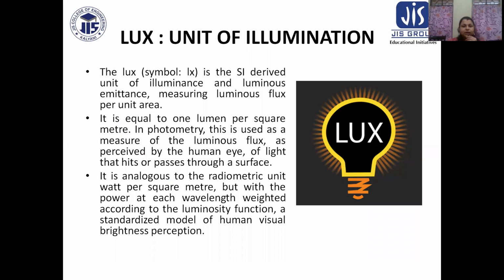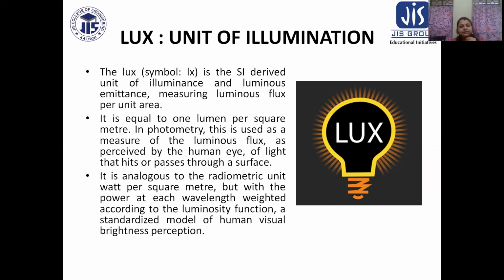Next, I'm going to another slide, that is lux, the unit of illumination. What is lux? The lux, symbol lx, is the SI derived unit of luminance and luminous emittance, measuring luminous flux per unit area. It is equal to 1 lumen per square meter.